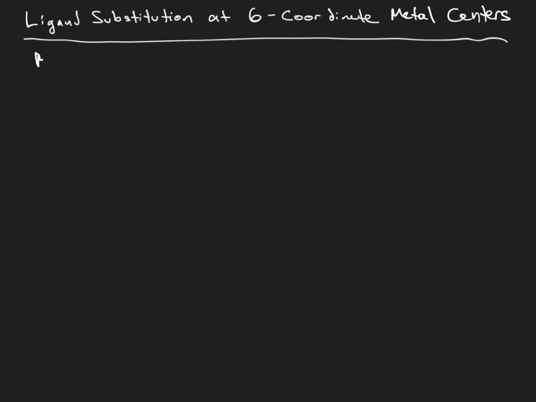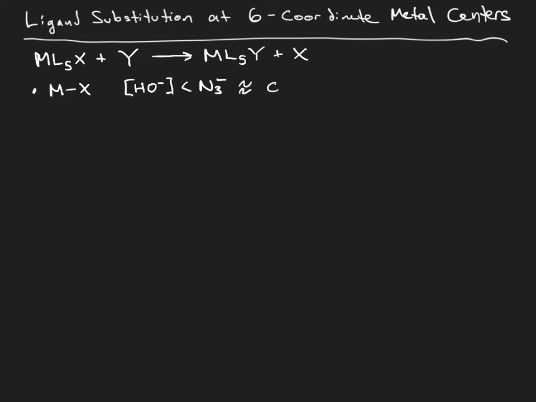So we're looking at this reaction, where Y is coming in and displacing ligand X. If we look at the dependence of this reaction on the MX species, the general rate goes in the order of hydroxide having the slowest rate for the reaction, followed by azide, which is approximately the same as thiocyanate, followed by acetate, followed by chloride, bromide, iodide, and then finally nitrate, if we have this series of ligands.